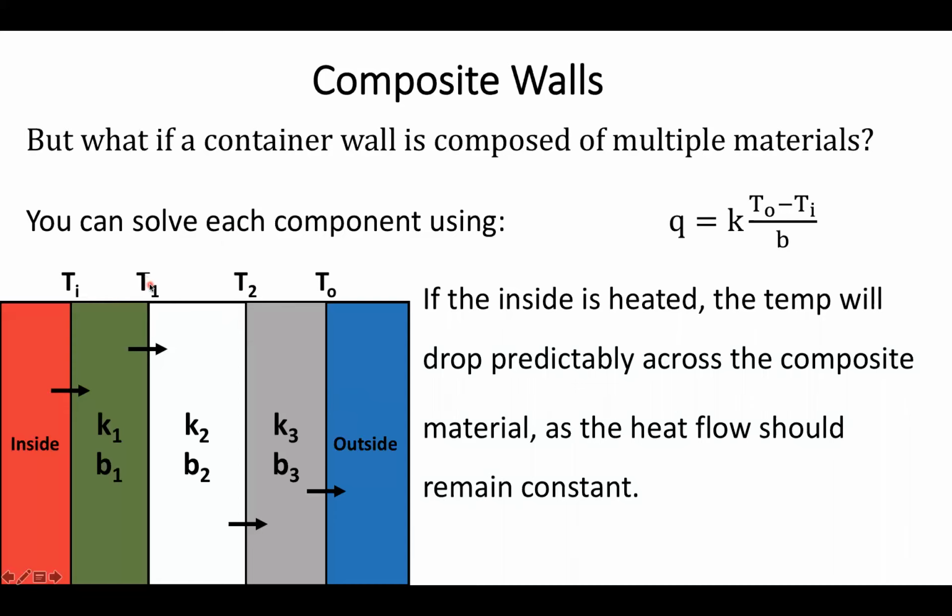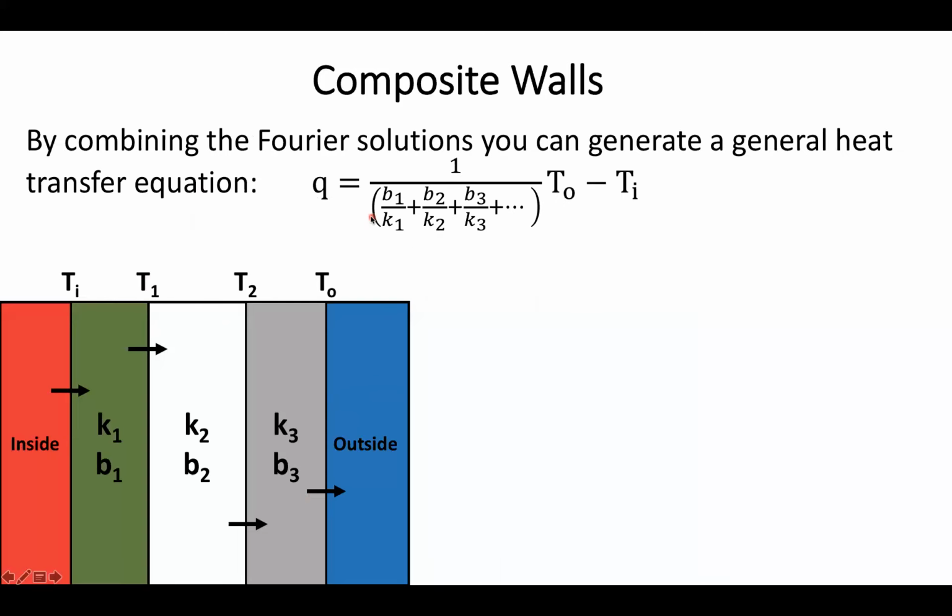So one of the tricks that we can end up pulling is trying to figure out a net parameter to describe this whole composite material together. And it turns out the trick that we're going to be doing is generating a coefficient that contains the size and the conductivity constant for each of the submaterials and then adding them up.